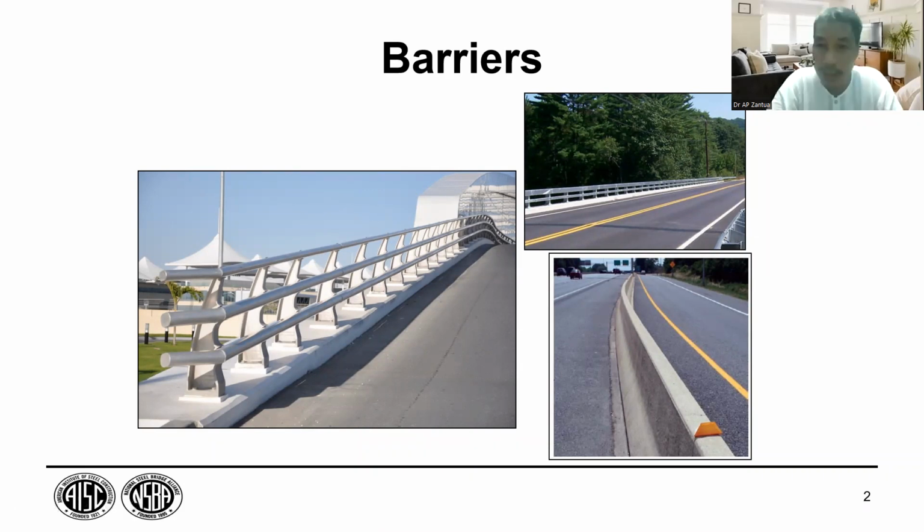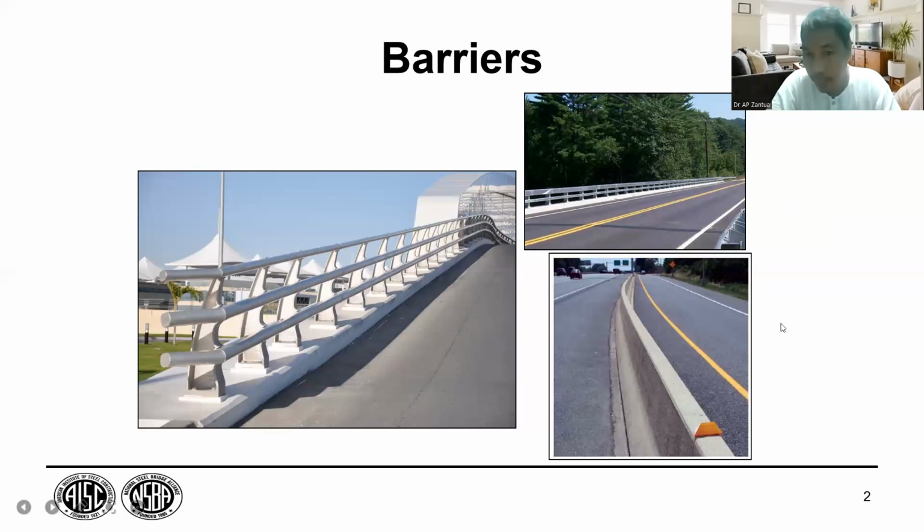The highway barrier is a little bit shorter, and the bridge barrier is a little bit higher and more expensive. No? So there are several series of columns and rails.